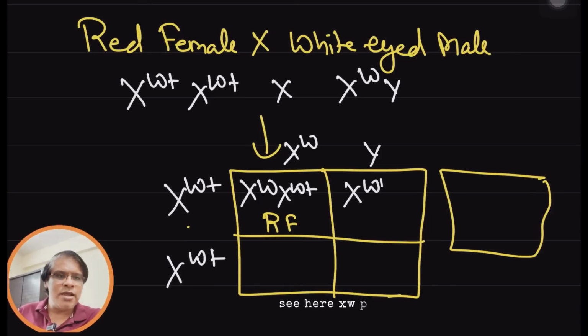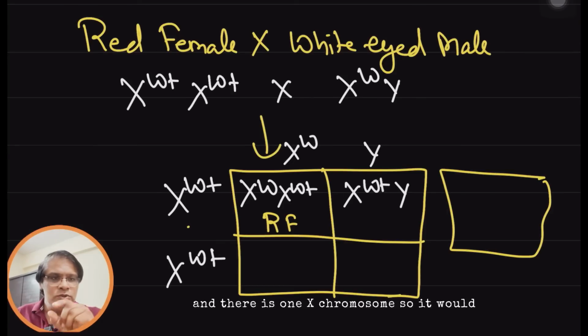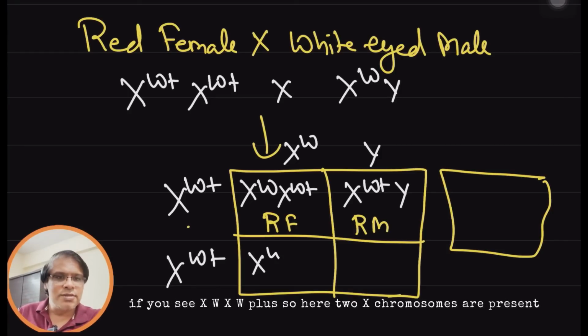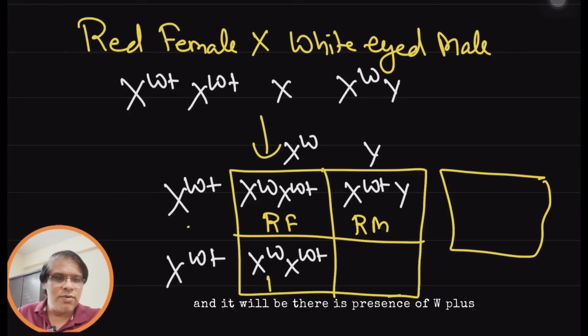Now try to see here X^W+ Y. Here the Y chromosome is present and there is one X chromosome, so it will be male. W+ means it will be a red eye male. Now here, X^W+ X^W, two X chromosomes are present and there is the presence of W+, so it will be a red eye female.